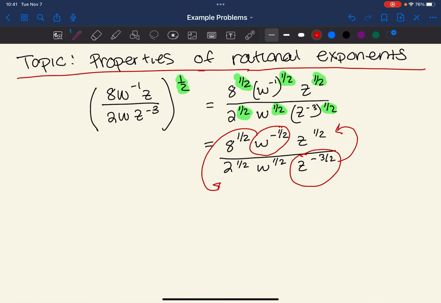And when we do that, the negatives go away. So this is 8 to the 1/2, z to the 1/2, z to the positive 3/2 over 2 to the 1/2, w to the 1/2, and w to the 1/2.